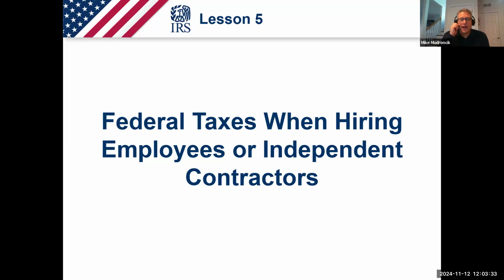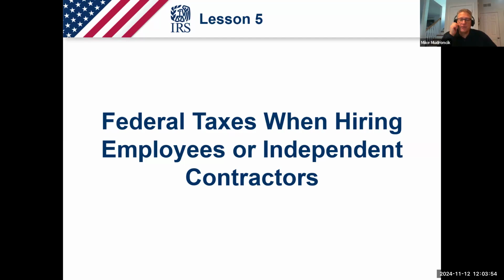And then independent contractors, for you as the employer, it's a little bit easier in that the independent contractor is going to be responsible for the payment of income tax, Social Security, and Medicare tax over to the government.